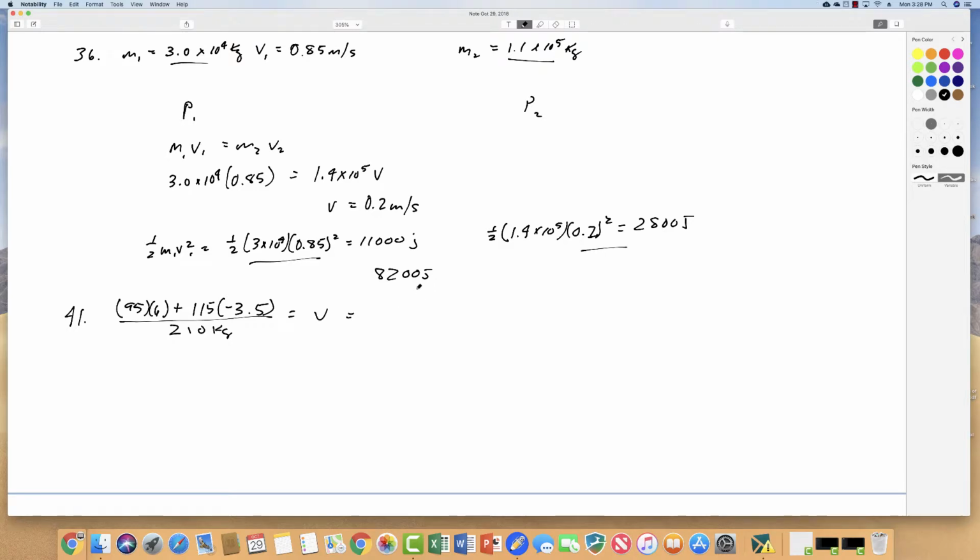And their new velocity is going to be 0.798 meters per second. And it's positive. You can see that it came out positive. So that means that it's going to be in the direction of this football player from left to right.